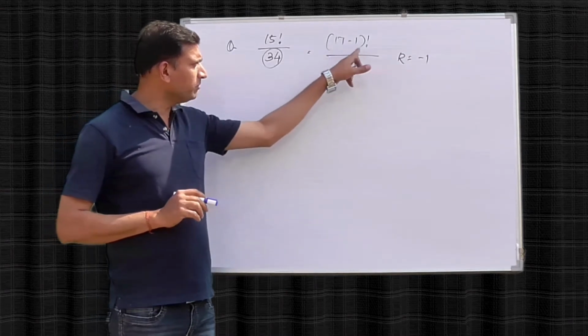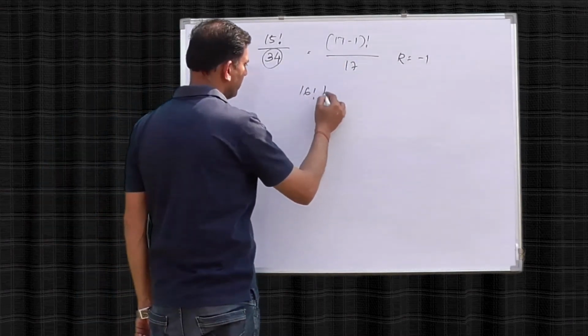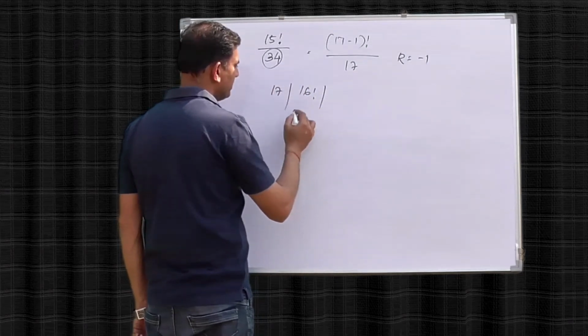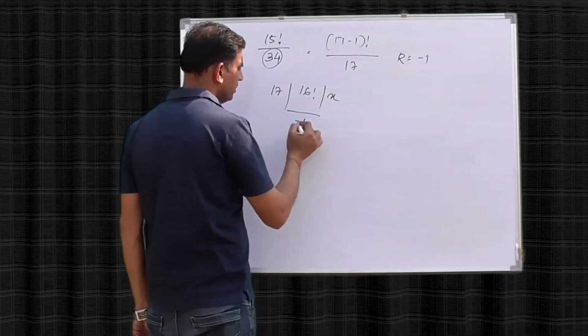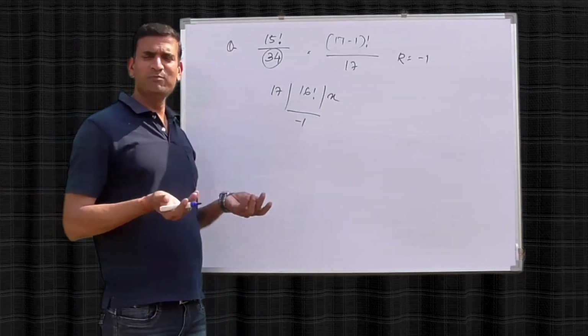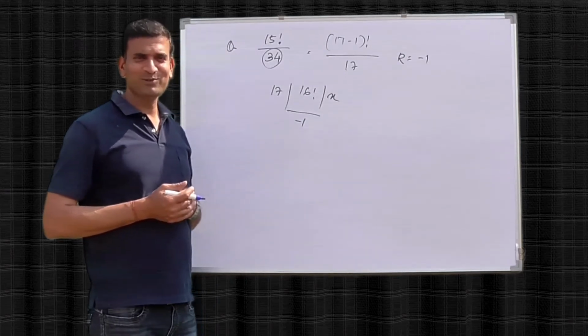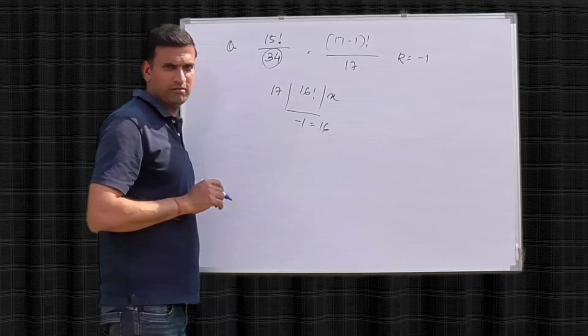So this (17 minus 1) factorial, let us suppose 16 factorial divided by 17. Let's suppose x is the quotient you are having. Here this is minus 1. Minus 1 means 17 minus 1, that equals 16 also. If you write down this one, minus 1 is similar to 16. Okay.